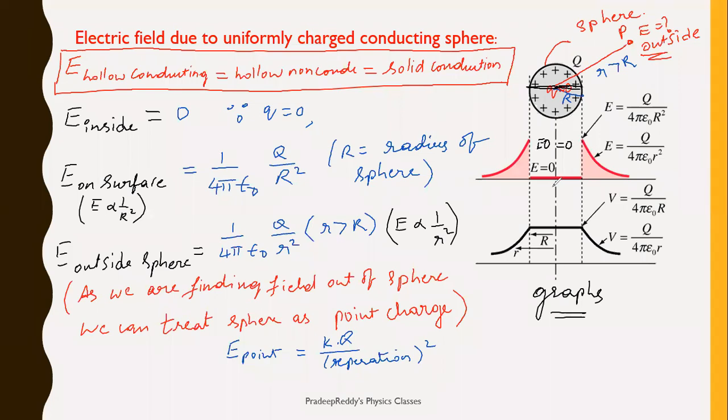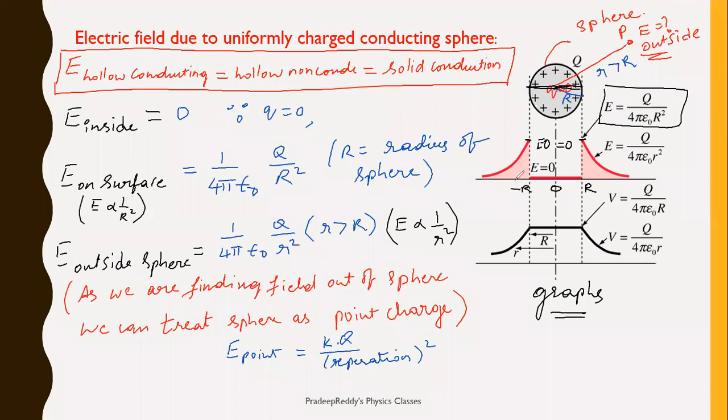So this is the center, and from the center, this is capital R on the right side, positive, and this is minus R on the left side, negative, and this is the origin. So inside this total region, it is 0. Now where does the field start? On the surface. So what is its value? It is E, which is Q by 4 pi epsilon naught R square.